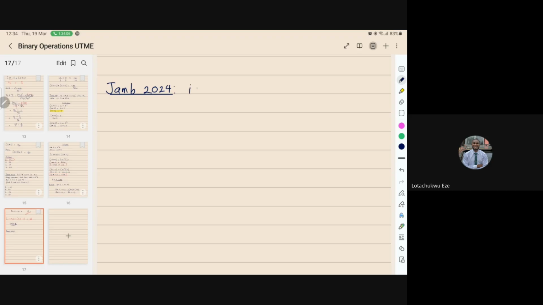They said that if P asterisk Q is equal to 2P plus PQ plus Q, find P when P asterisk 2, right, minus P asterisk 1 is equal to 40.